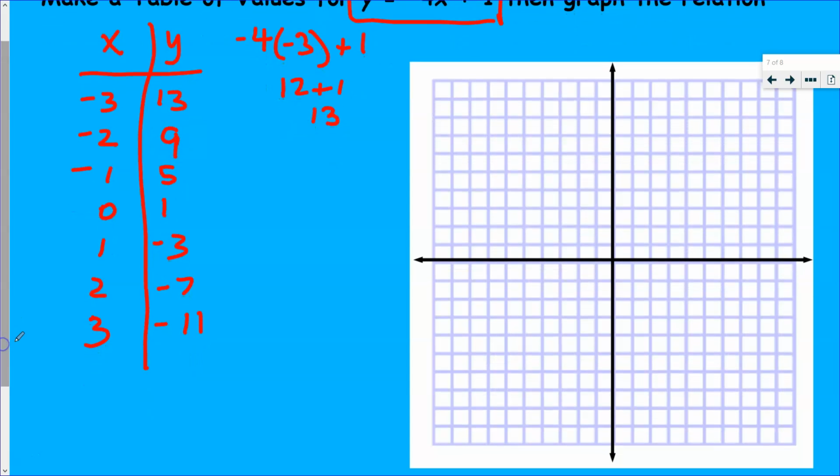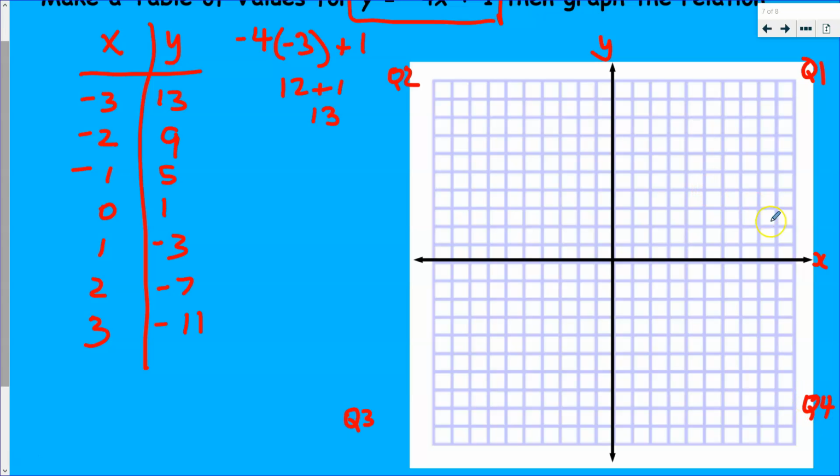I'm going to remind you of a few things here. This is your x-axis. This is your y. Alright, this is quadrant 1, 2, 3, and 4.